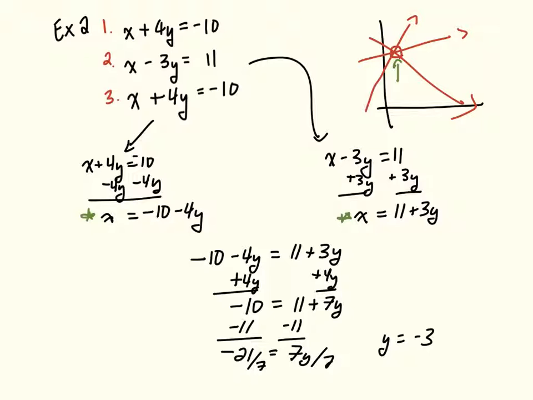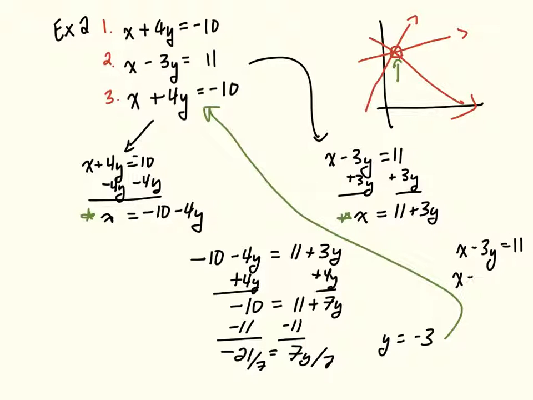All I have to do next is take this point, substitute it into any of those equations, and I can figure out what x is going to be. I'll just pick equation 2. It doesn't really matter. Equation 2 is x minus 3y equal to 11.